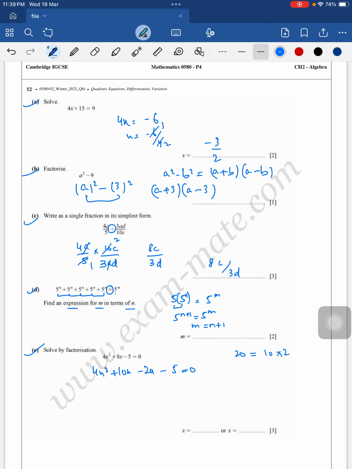Okay, so 2x is common over here, so it will be 2x plus 5, minus 1 common, 2x plus 5. Both brackets should be the same. So we have two brackets, 2x plus 5 and 2x minus 1. So x is equal to minus 5 upon 2, and here x is equal to 1 upon 2. Am I clear? Right?